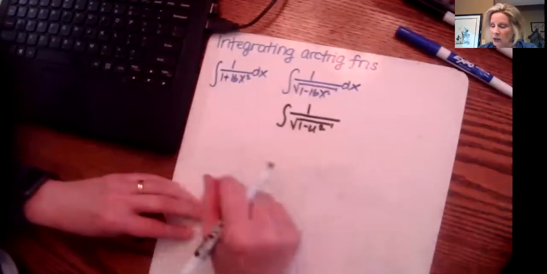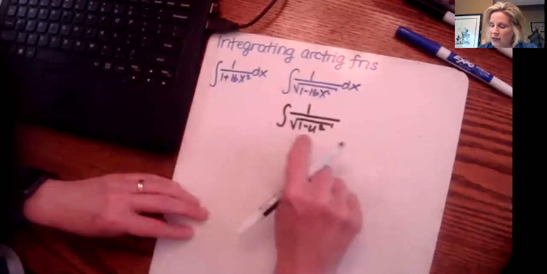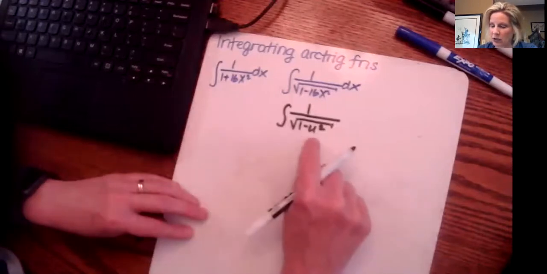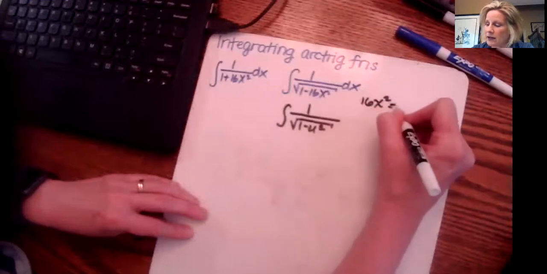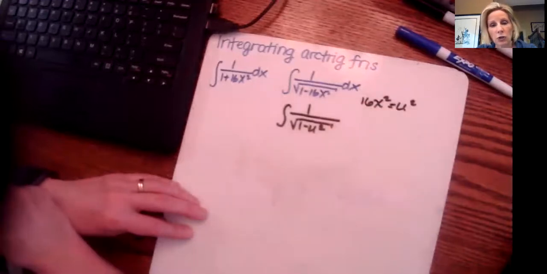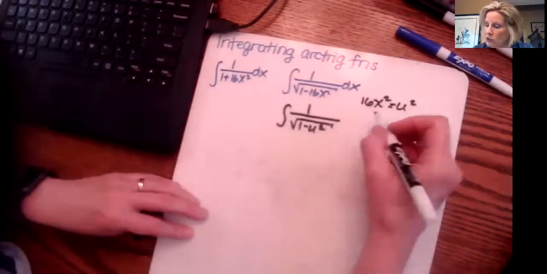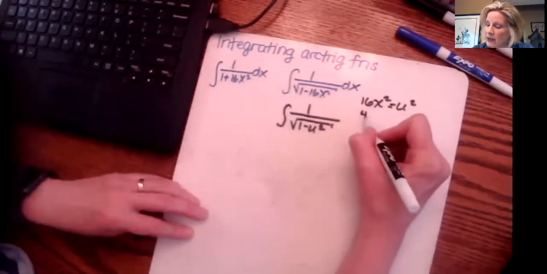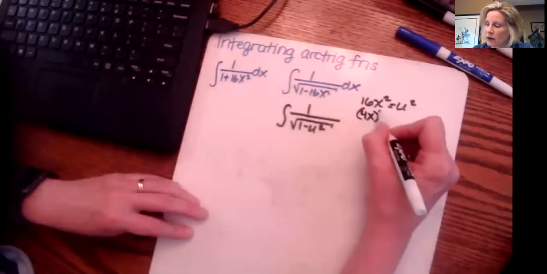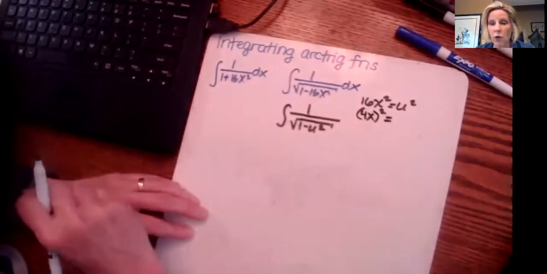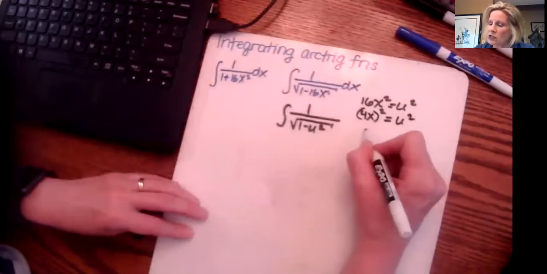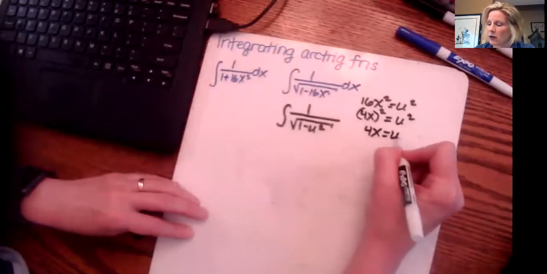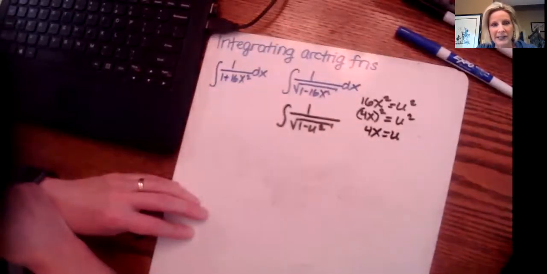All right, so I have to go, no, wait a minute, for this to be a good substitution, I need to say my 16x squared needs to be replaced with a u squared, which means that I need to look at 16x squared as 4x quantity squared, which now helps me get more clear that my 4x is actually what my u is supposed to be.